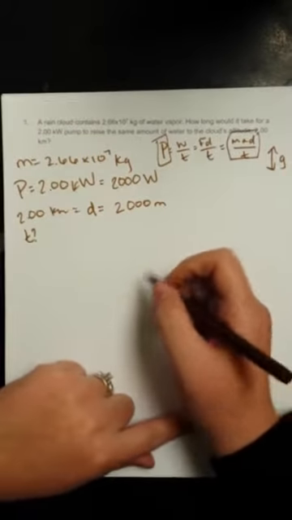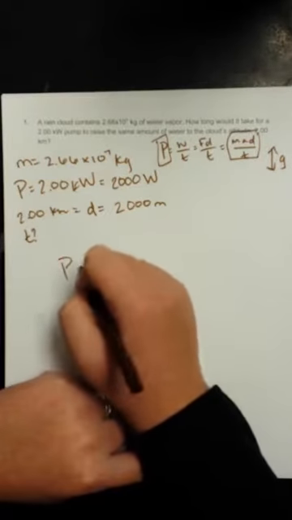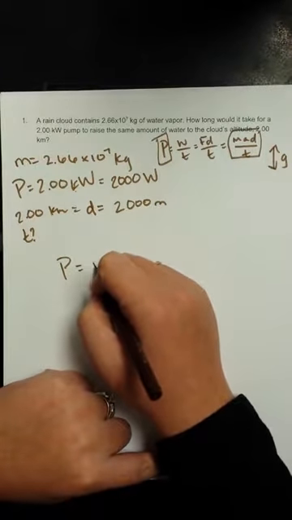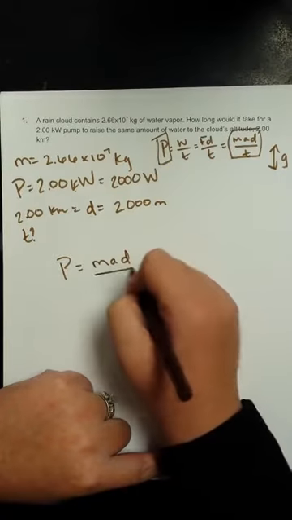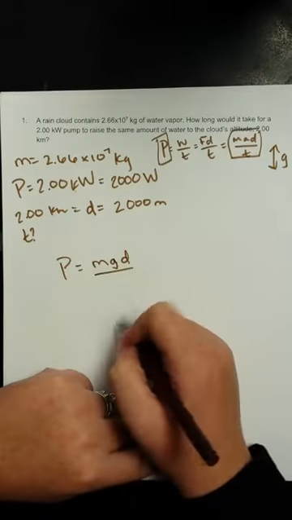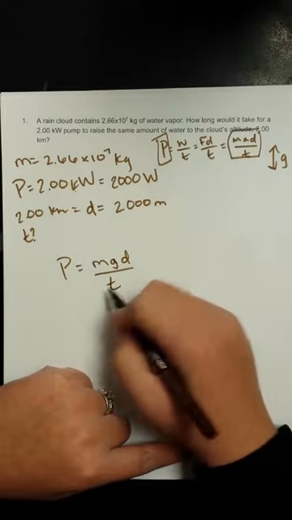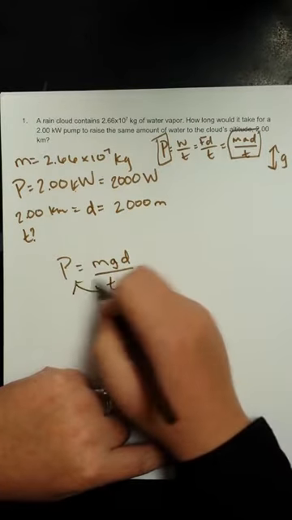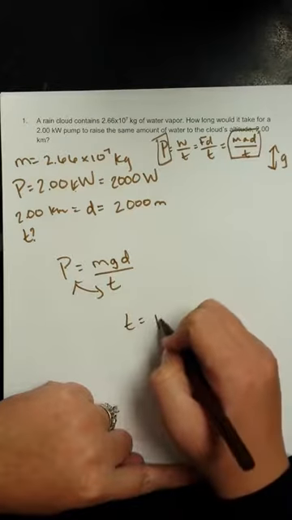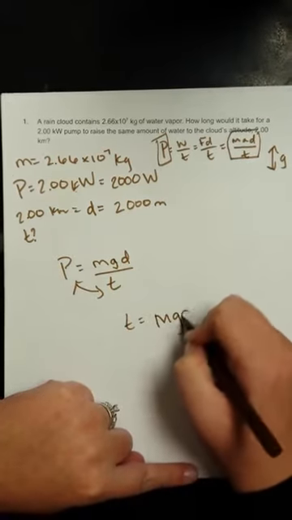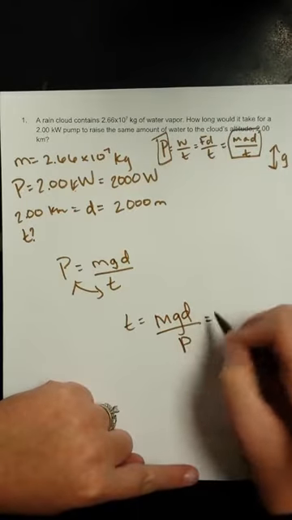So power is mass times acceleration times displacement, and in this case, acceleration is going to be g divided by time. If I'm looking for time, I'm going to swap those around. So time is mass times gravity times displacement over power.